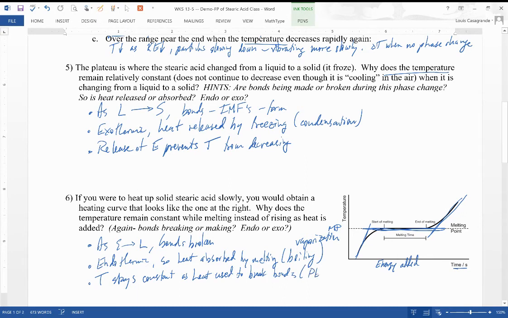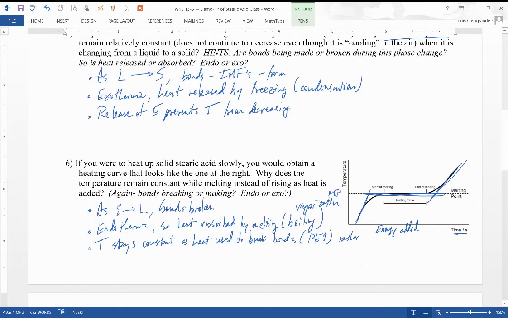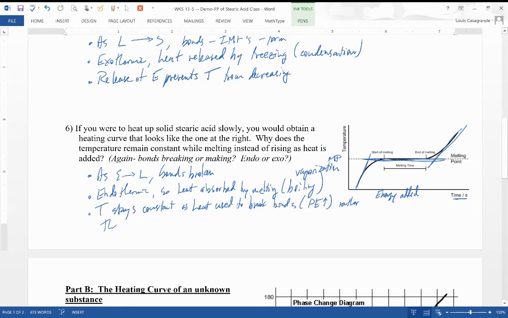So the potential energy is going up, and I need a little more room here, rather than increasing the temperature. That would be the kinetic energy changing.